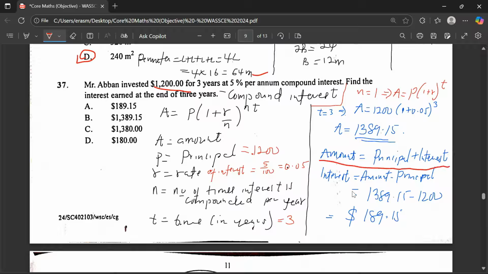Now, amount is 1389.15, and the initial capital is 1,200. So that is 1389.15 minus 1,200, and that is $189.15. And so that is option A.